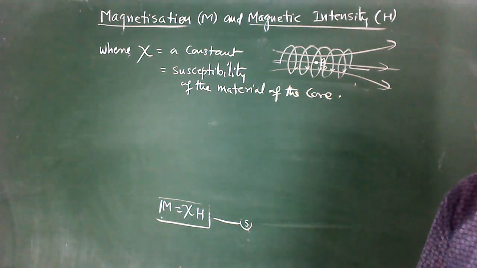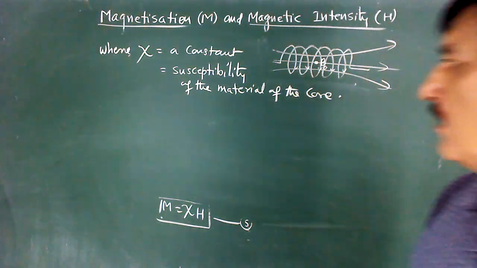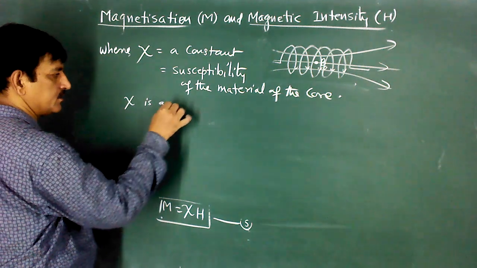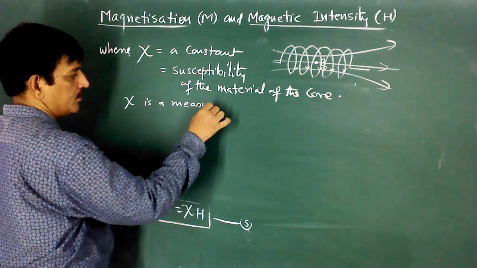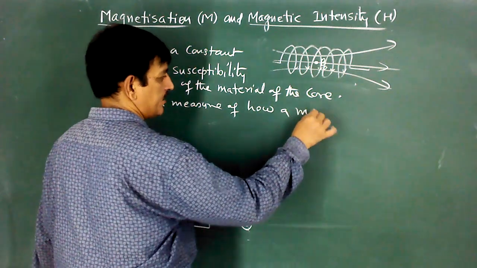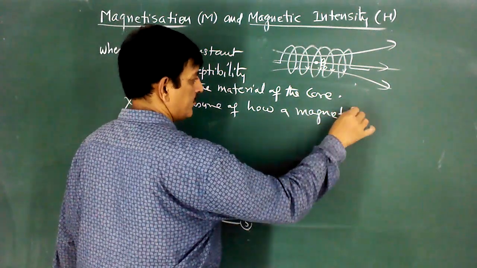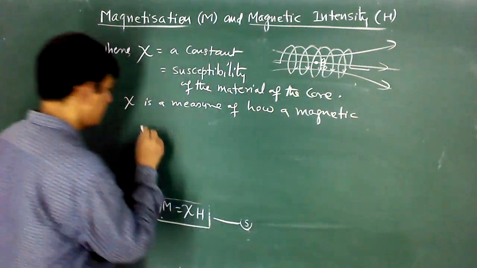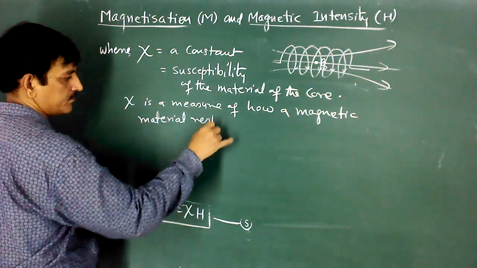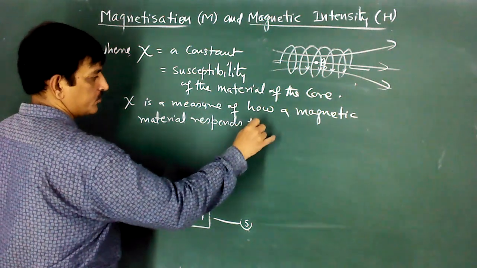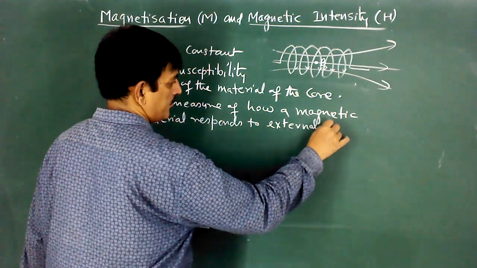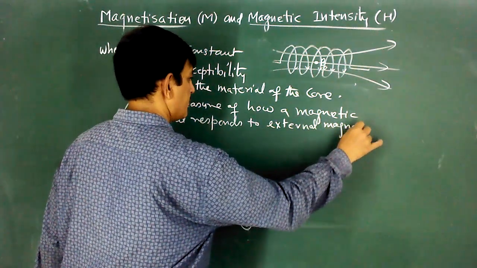It is a measure of how a magnetic material responds to the external magnetic field.